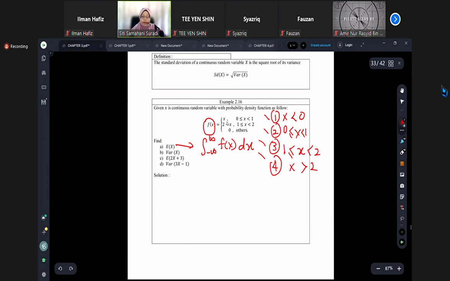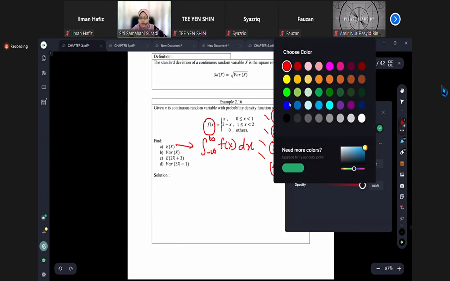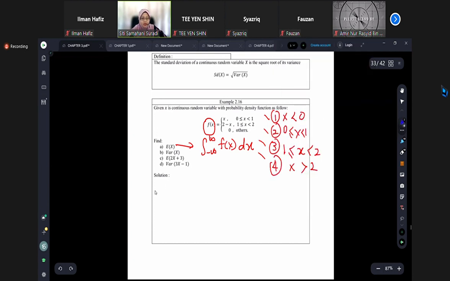Okay, so from here you can realize, for E[X], you need to find negative infinity to 0 of x f(x) dx. f(x) is just 0, right? So that means 0. Can I directly substitute? Do you understand or not?